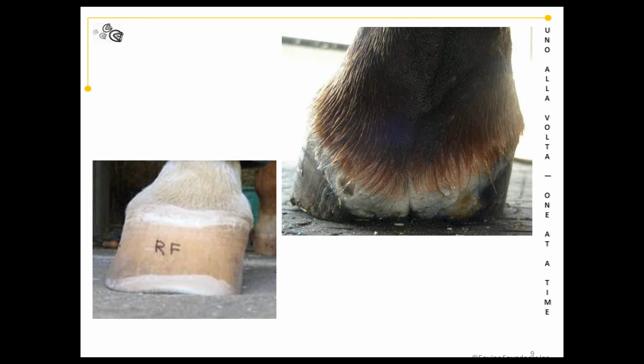What that means is that instead of diverging or being upright, the hoof is actually inside the vertical. Here we have the same thing. Instead of being upright or diverging, the hoof is inside the vertical on one side, because the other side is diverging in both cases. So this is unilateral contraction beyond the vertical, or ULCBV.